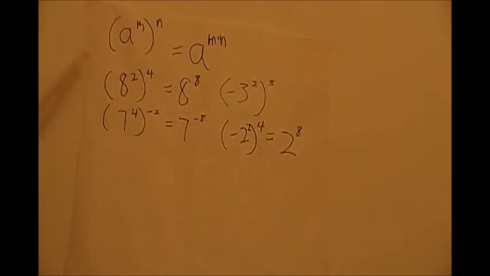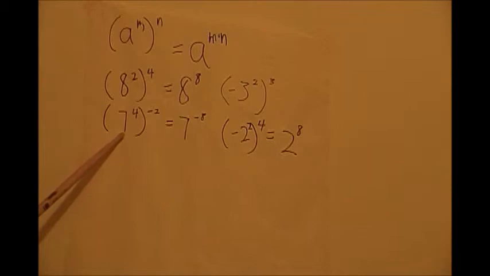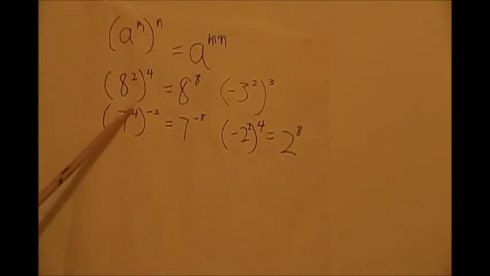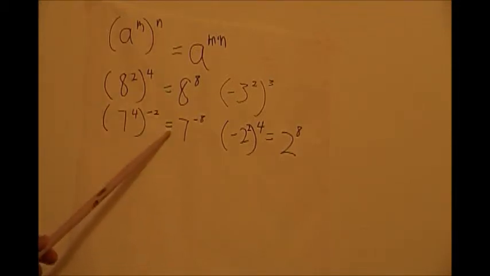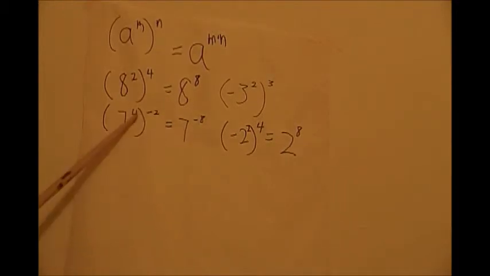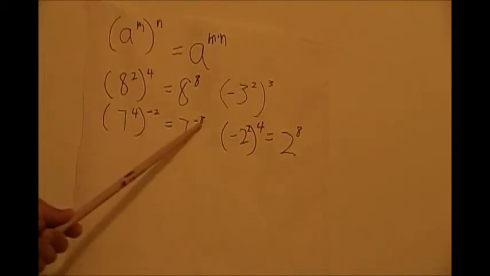Then we can also do it if we have negative powers. Same thing works. So 7 to the fourth power to the negative 2 power is equal to 7 to the 4 times negative 2. 4 times negative 2 is going to be negative 8. So 7 to the negative 8 power.